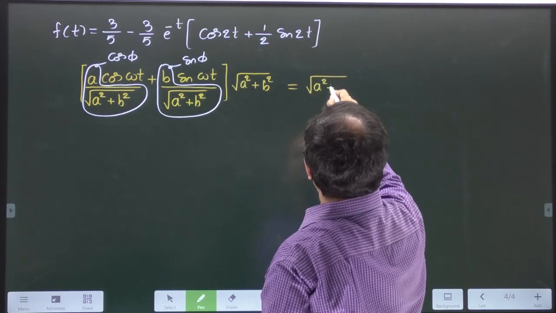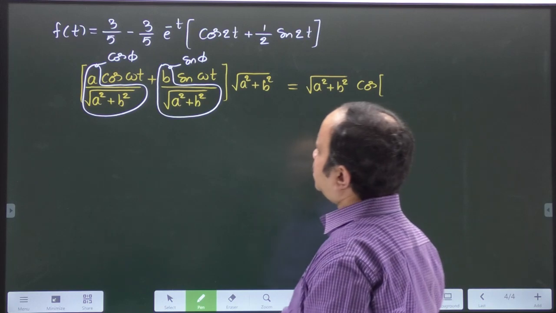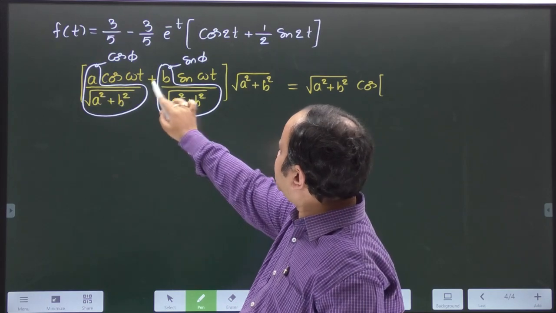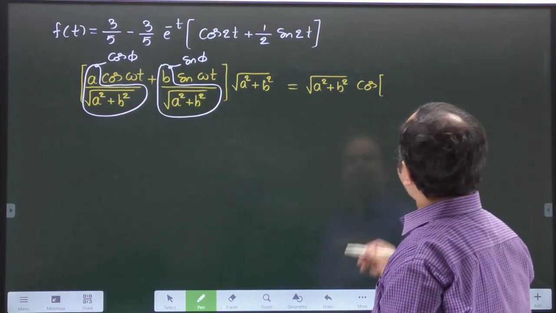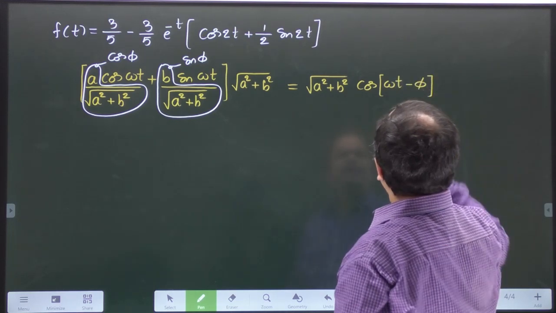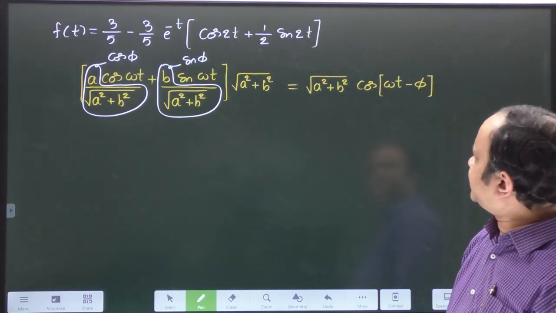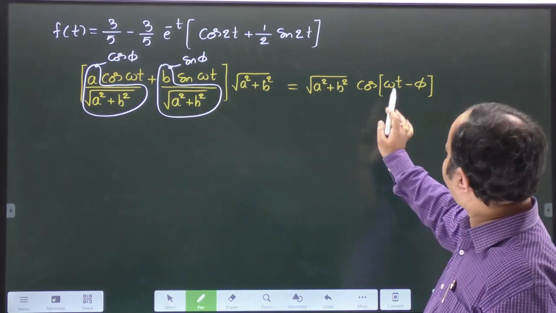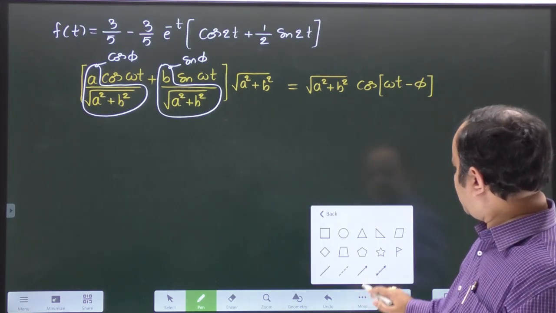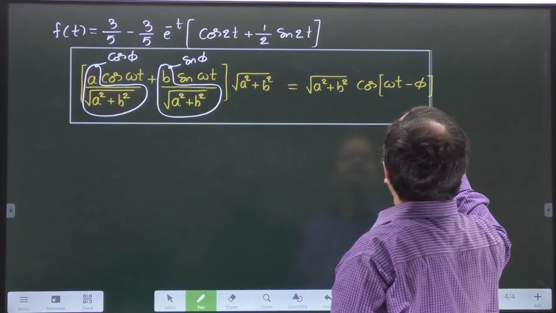Some multiplying factor root of a square plus b square into, if you read it properly, cos omega t into cos phi plus sin omega t into sin phi. This can be written as cos of omega t minus phi. Now, I am going to apply this particular concept to the previous one. So, see, this is some generalized expression. Let me put it in a box here.